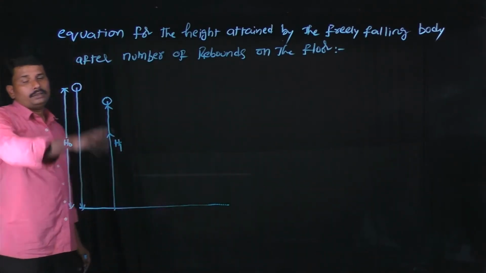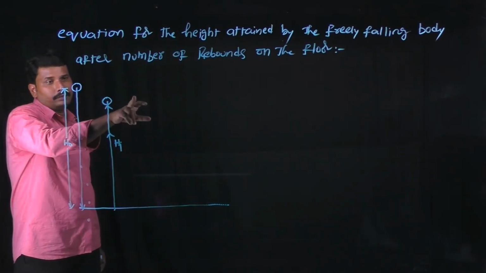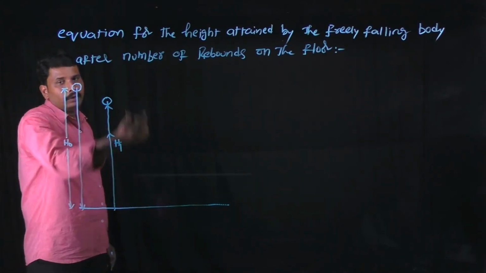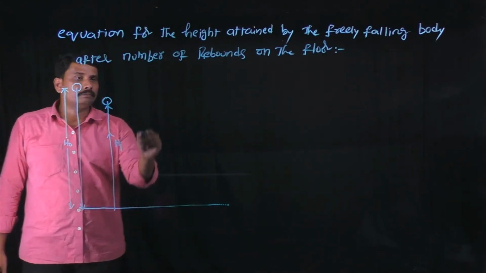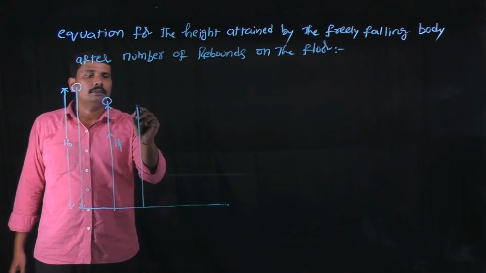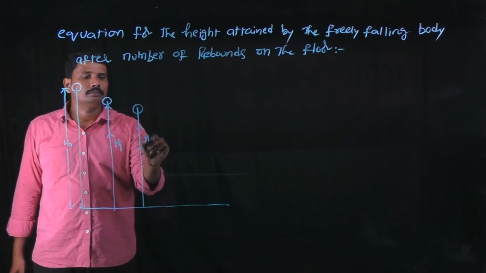After it reaches the height h1, again it falls like a freely falling body from the height h1 and rebounds to a height h2.